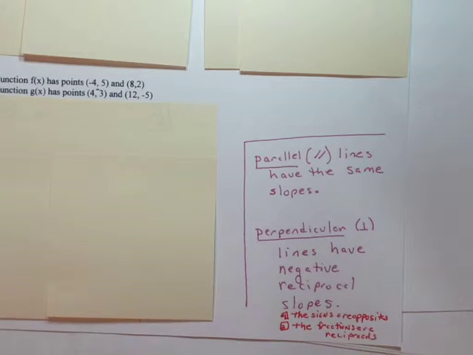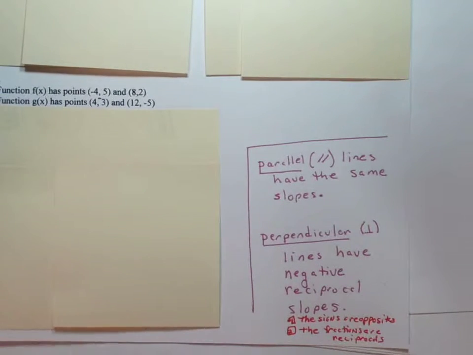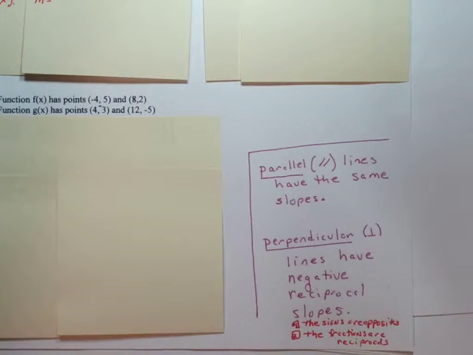Right. This is actually one of the easier exceeds because you simply have to memorize these 2 definitions and then just find slope.